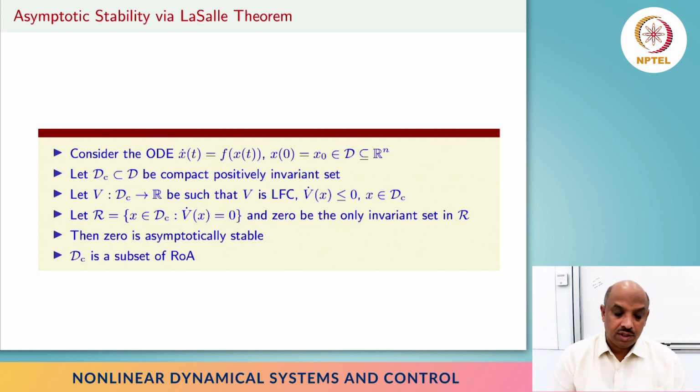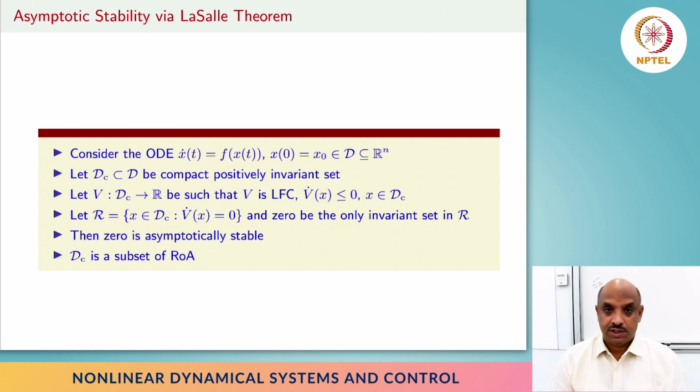So what did we do here? Like in the previous example, we showed that the only invariant set in R is going to be 0, and by ensuring that 0 is Lyapunov stable through a Lyapunov function, we can conclude all these things. Now, at times in practice, one can use one function for showing Lyapunov stability and a completely different function, which need not be a Lyapunov function candidate, to show 0 is the only convergent point.